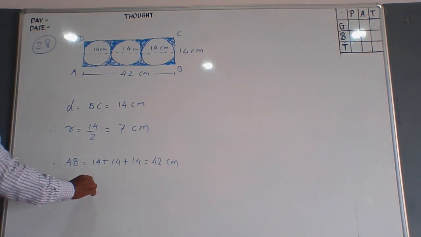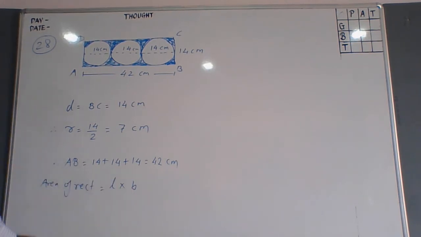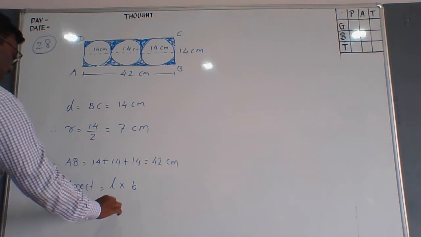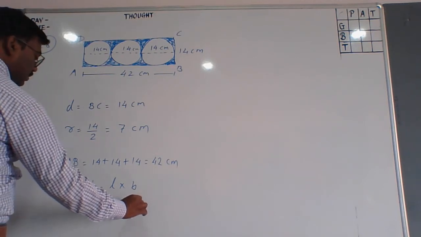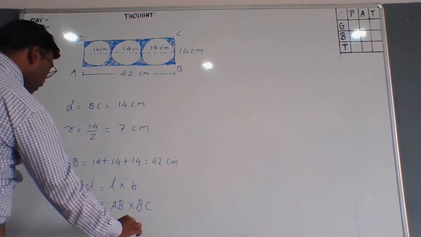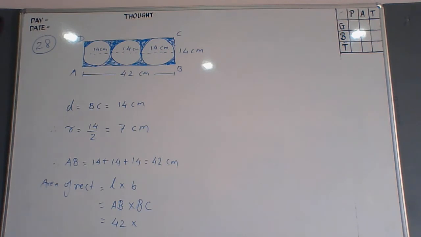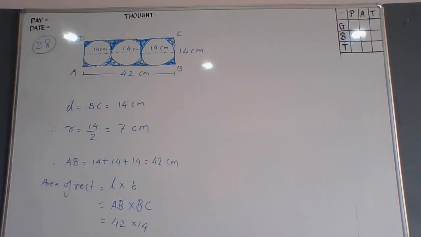Area of rectangle, the formula is length into breadth. The length is AB, the breadth is BC, which means 42 multiplied by 14. Correct? 42 multiplied by 14.